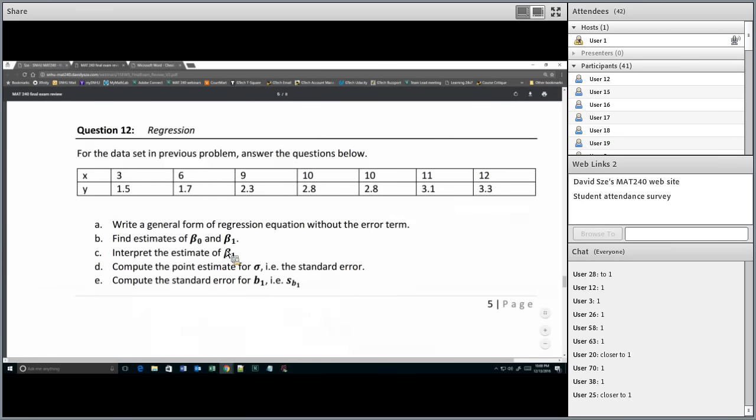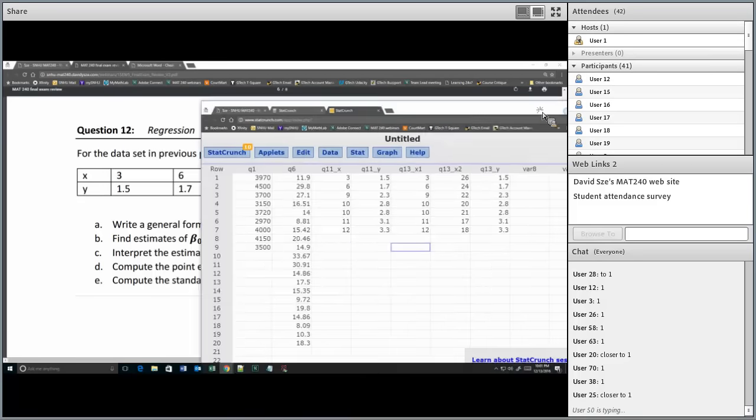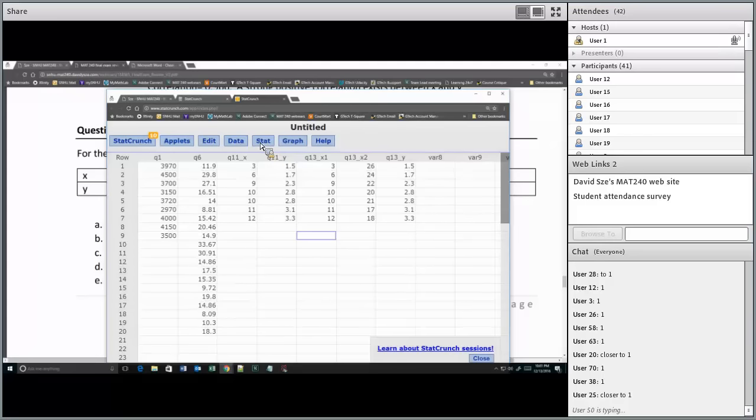Okay, so the next is find the estimates. So we're going to do this for this data set. How about I ask you guys, what do you think I have to do to find my regression equation here? Stat, calc, summary stats. Not summary stats. Very good.